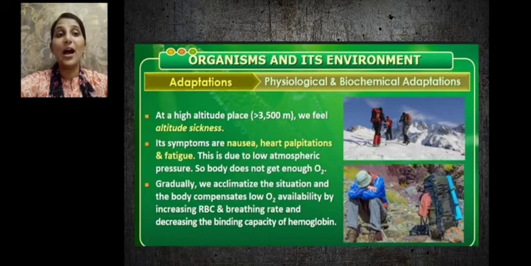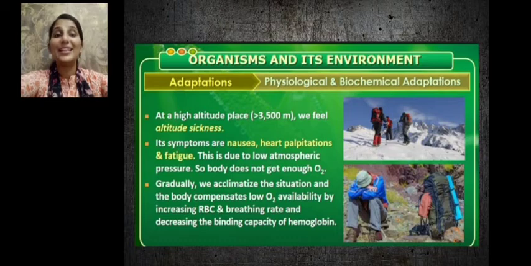Thus the low availability of oxygen is compensated, and we are able to acclimatize to altitude sickness. This is about the physiological and biochemical adaptations which we experience when we go to higher altitudes.